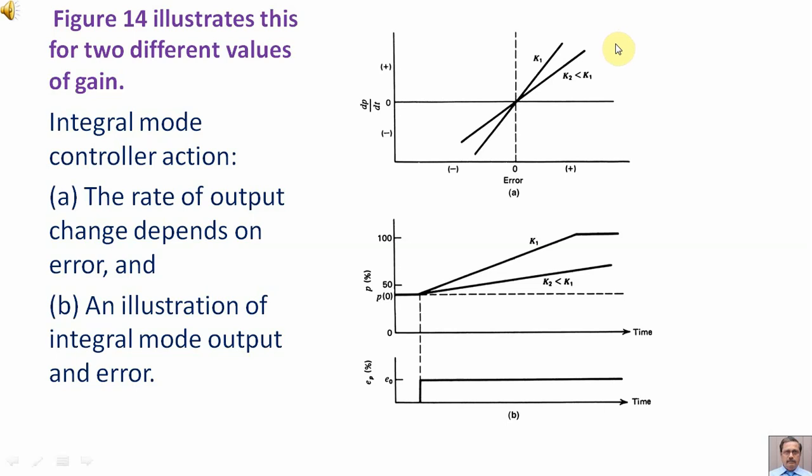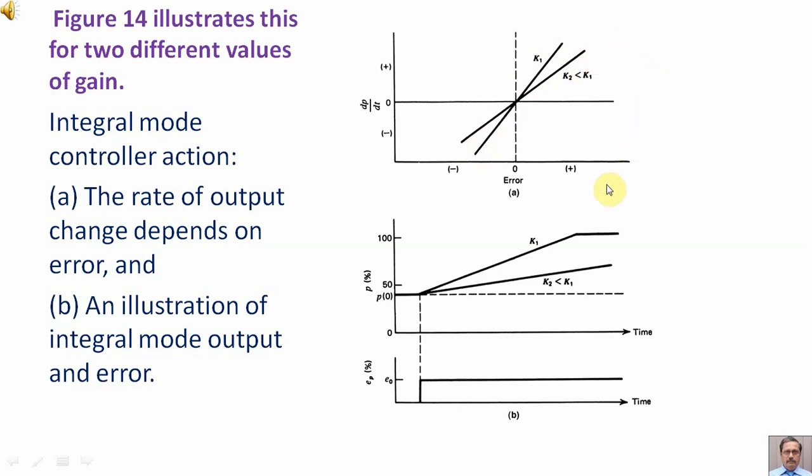Integral mode controller action. A. The rate of change depends upon error. If error is small, rate of change is small. If error is more, rate of change is more.